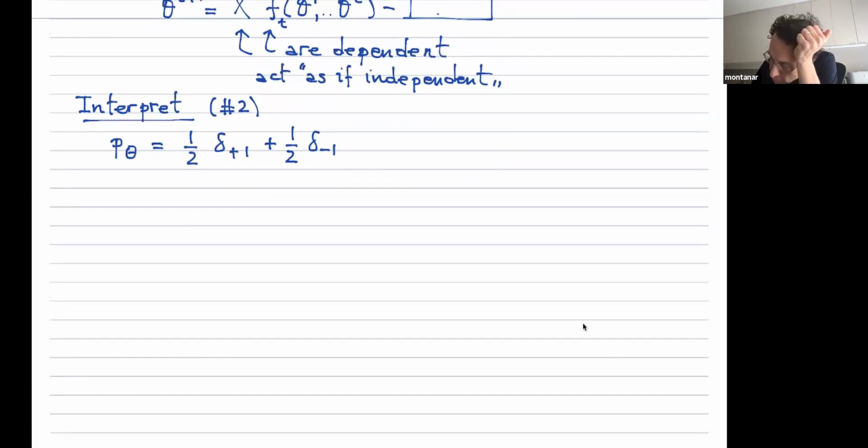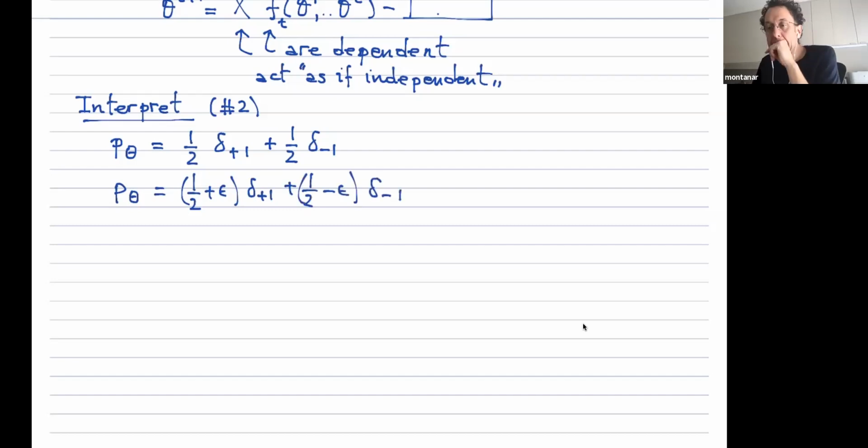Now, suppose that I do something slightly different. I have 1/2 plus epsilon delta plus 1 plus 1/2 minus epsilon delta minus 1, right? So the vector has slightly more chance to be plus 1 than minus 1.